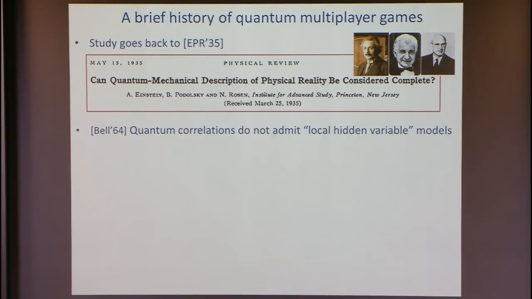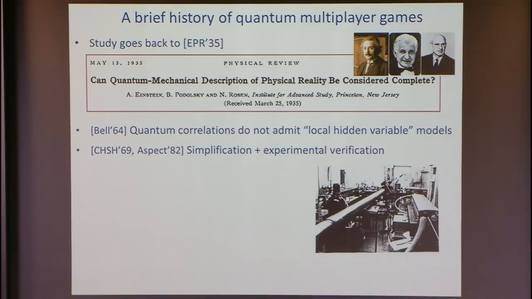So there was lots of confusion, but then, as Umesh mentioned, Bell came along 30 years later, and he reformulated their paradox in a more mathematically sound way, just by saying there's no causation, so there's no communication between these particles. It's just that the distributions that you generate have correlations. They have stronger correlations than you could get classically or using local hidden variables.